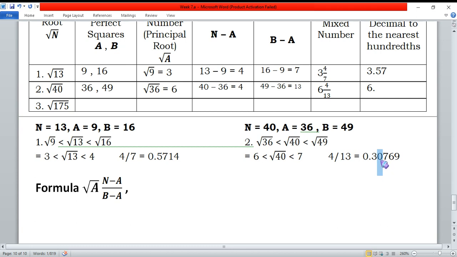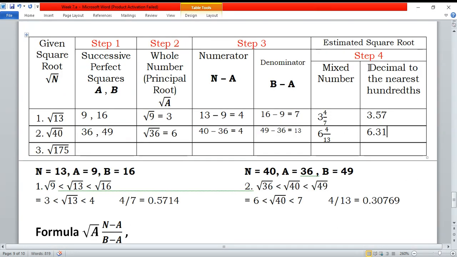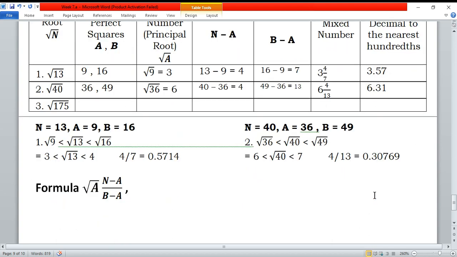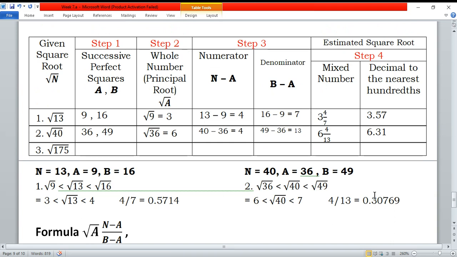So 0.31 na siya. So this will become 6.31. Okay? Yun. So that's the decimal to the nearest hundredth, 6.31. Ito ang estimated square root ng square root of 40. Okay? Square root of 40 is approximately 6.31. Okay? Ayun. So ito yung naka-table lang.